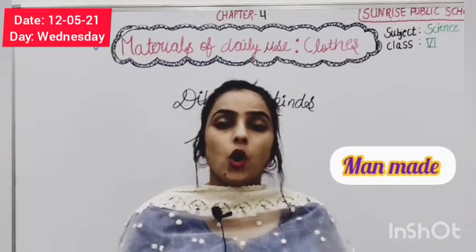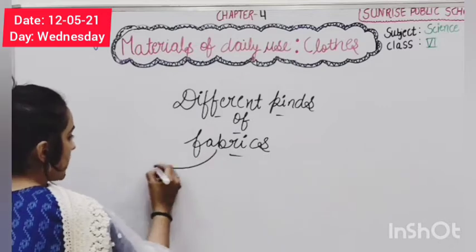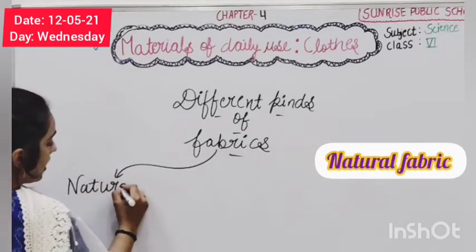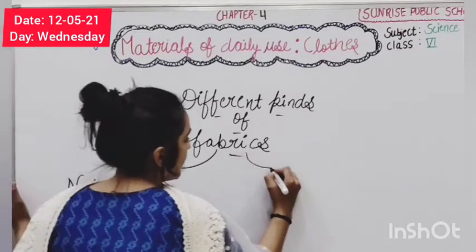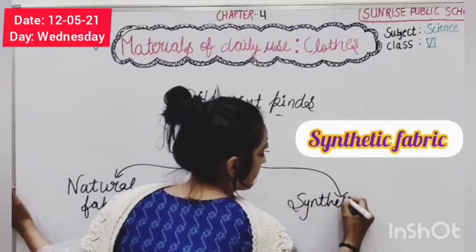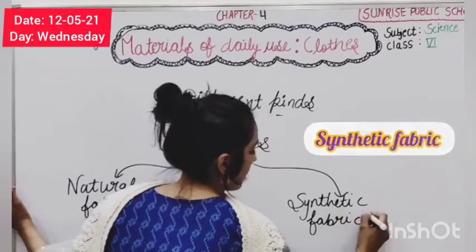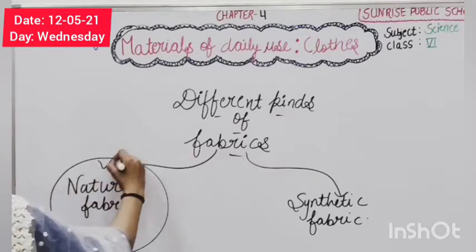On the basis of their origin, fabrics are of 2 types: natural fabric and synthetic fabric. So now let's discuss natural fabrics in detail.